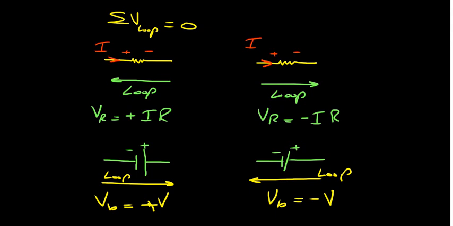That will determine whether the voltage across that resistor or battery is positive or negative. Based on that, you will be able to write an equation for the voltage across loop 1 or loop 2. And you need to stick with the loop direction you decided, or that has been given to you, whether it's clockwise or counterclockwise. You start from a certain point, you go in a loop and come back to the same point.